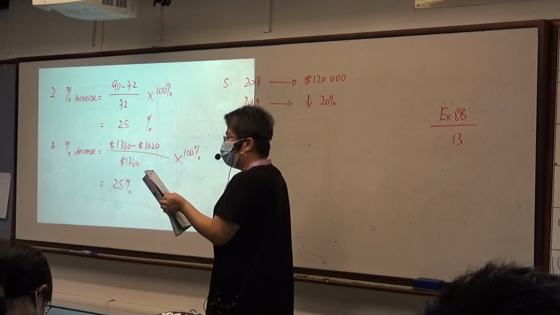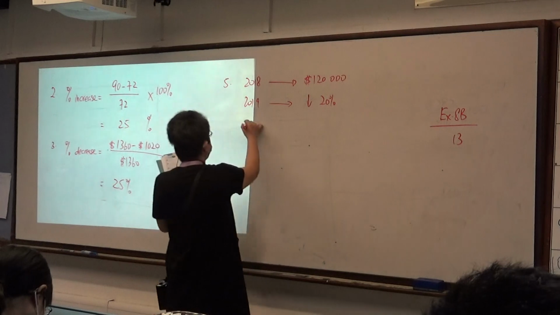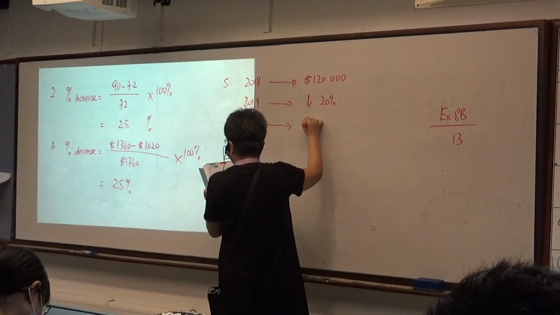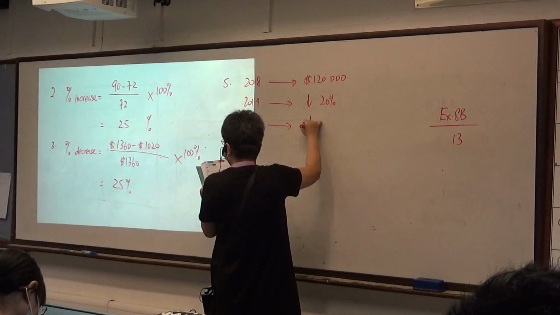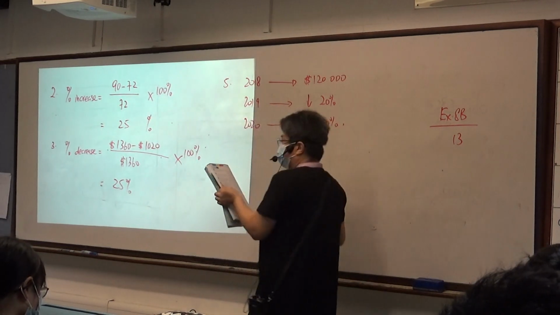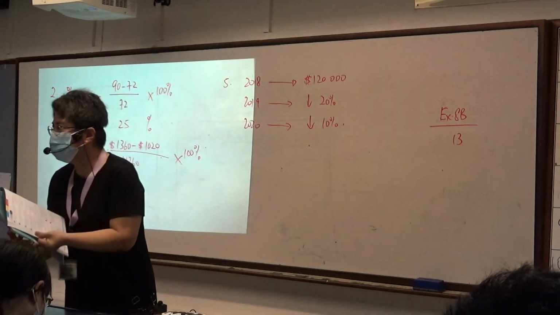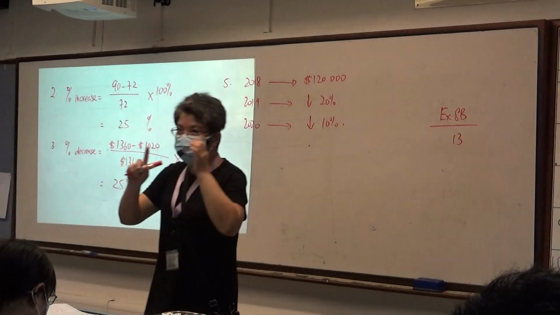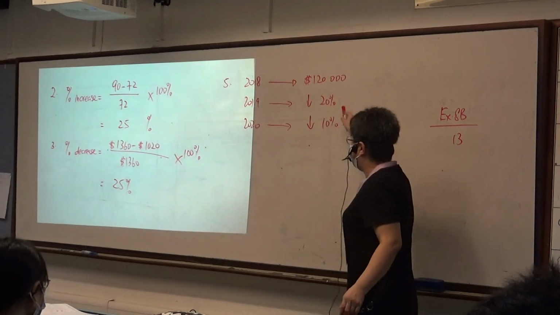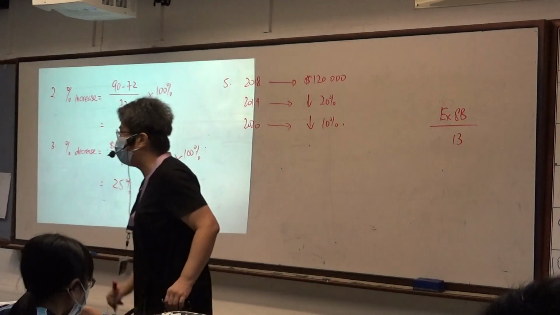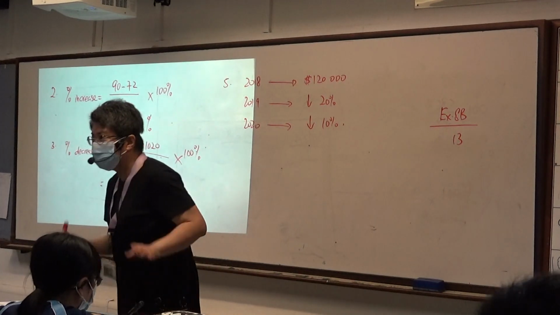In 2020, its value decreased by 10% of its value from 2019. Find the value of the car at the end of 2020. Now, I want to ask one question. Can you say altogether decrease 30% and do it? No, you cannot. You must do it individually. Do you understand? You must read the question carefully.